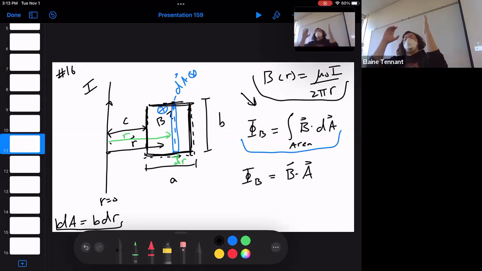So I have my loop and I have my long straight wire. I'm going to take this loop and I'm going to move it away. What would happen to the magnetic field that it was experiencing? I like the decrease, right? Because now it's further away from the wire. I see less field. So if my magnetic field decreases, my magnetic flux will decrease.